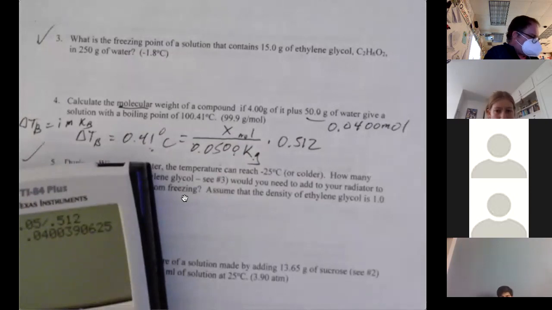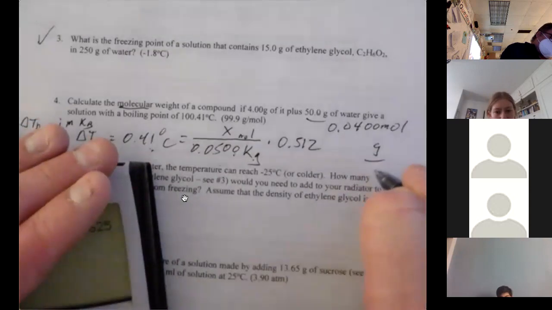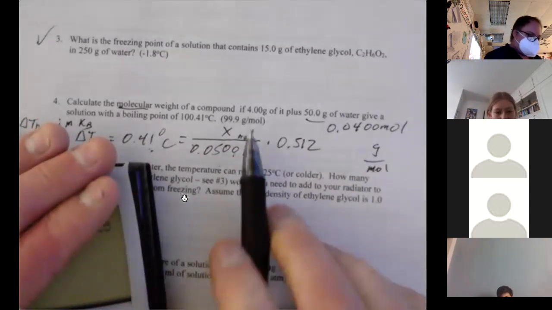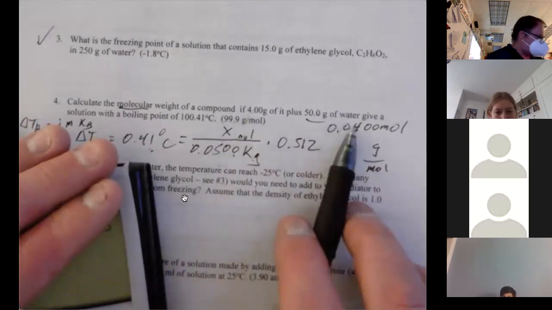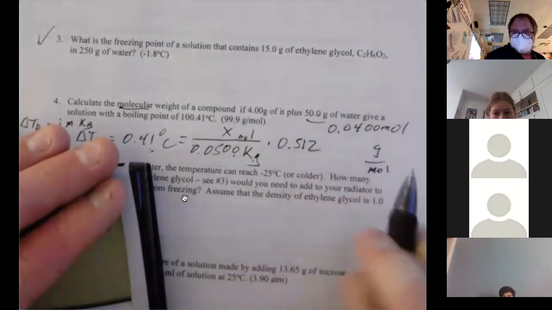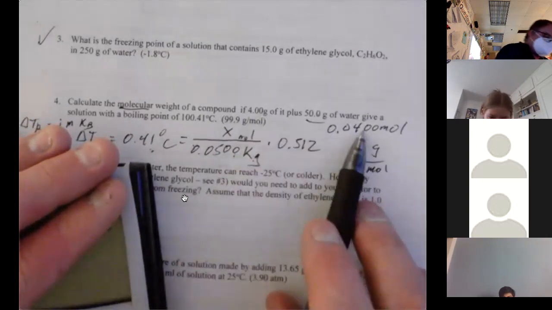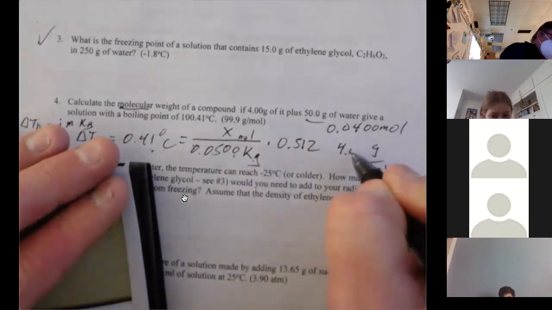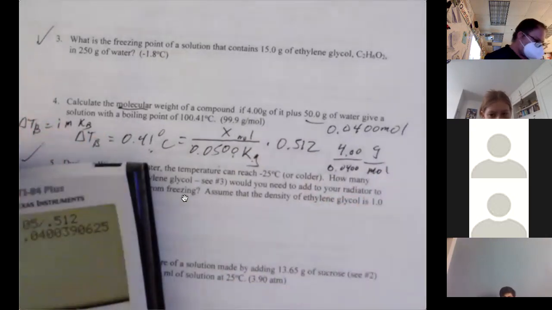What is the molar mass? Not 4 grams. Molar mass is the mass, or grams, per mole. I know how many grams I have and I know how many moles I have. So the molar mass by definition is mass per mole, right? And I have the mass and the moles. So all I got to do is take 4 divided by 0.0400, and we get 100.